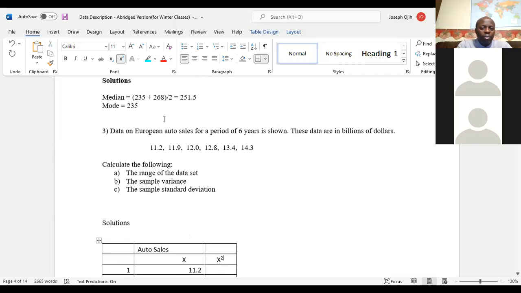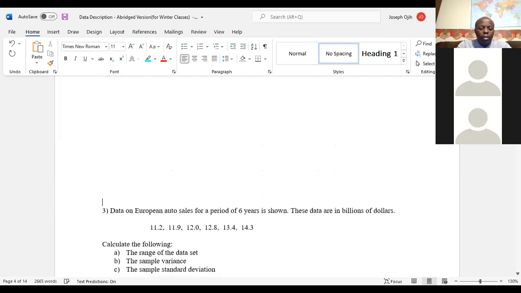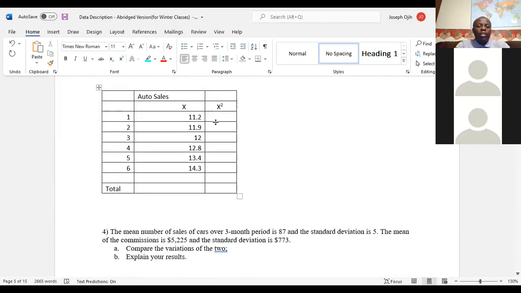I'm going to move this down a little bit so that we have enough room. Okay, we have it in there. Now, to get our X squared, we have to square each of these numbers. For example, 11.2 squared, let me write this down. 11.2 squared.